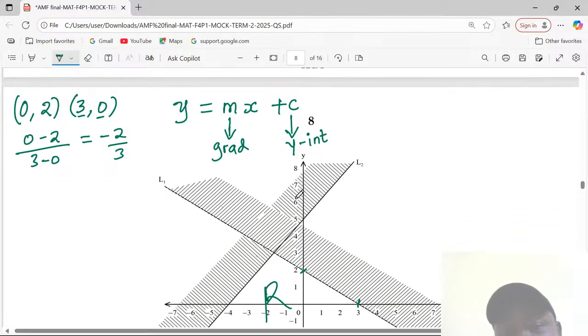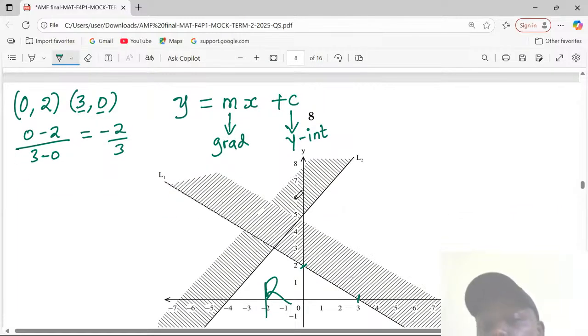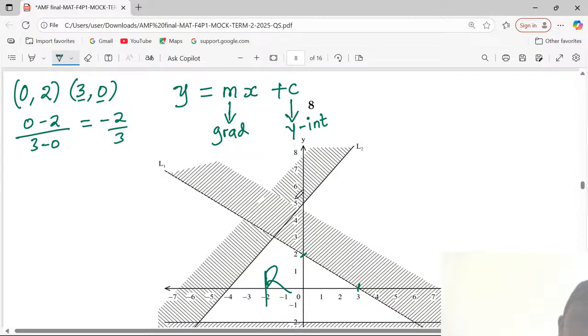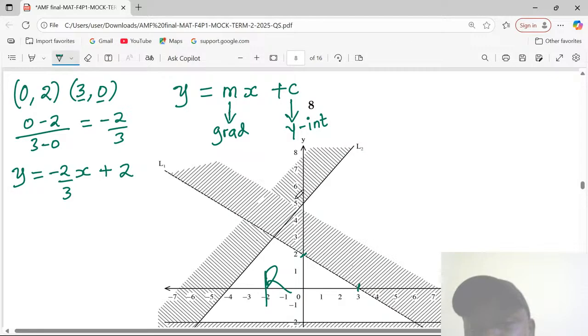So for L1, we can write our equation directly: y equals negative 2 out of 3 x plus the y-intercept for line 1, which is 2.